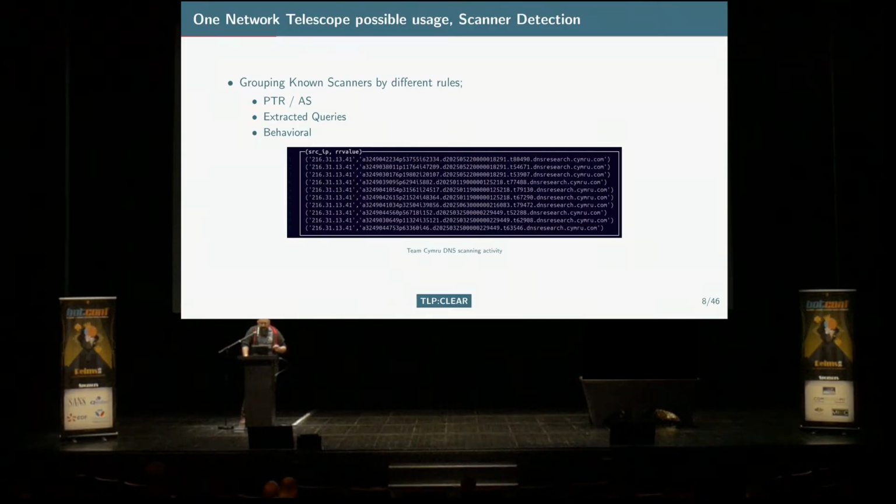So for triaging scanners, there are many solutions. Some scanners are quite clean. There are some scanners which publish IP of the scanners. That's quite nice. Thank you guys. Some others are quite nice also to publish some PTR. Some are unknown AS. Some are groupable by the query, but it's not so simple.